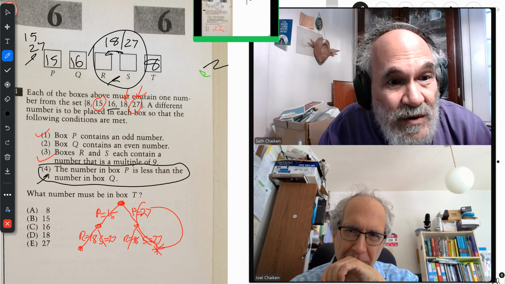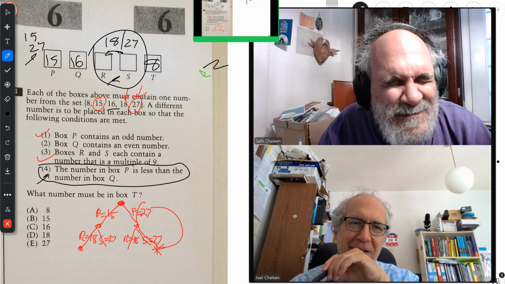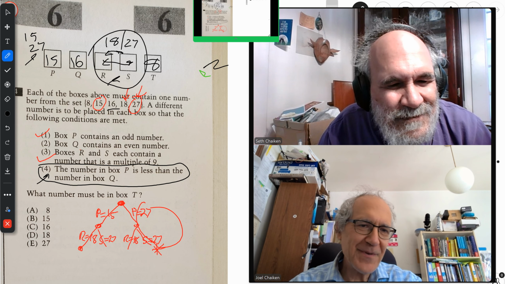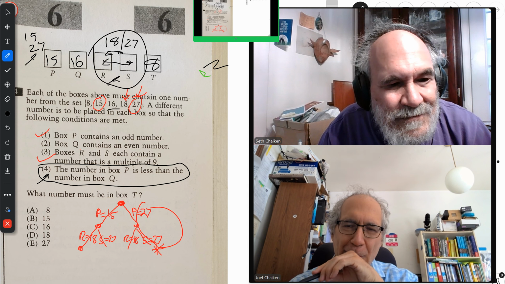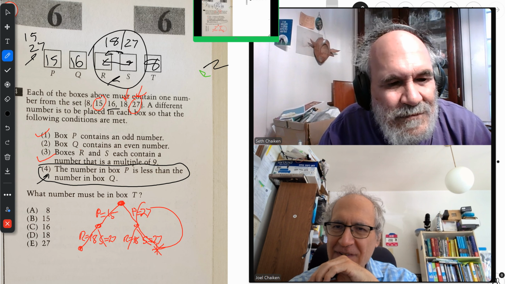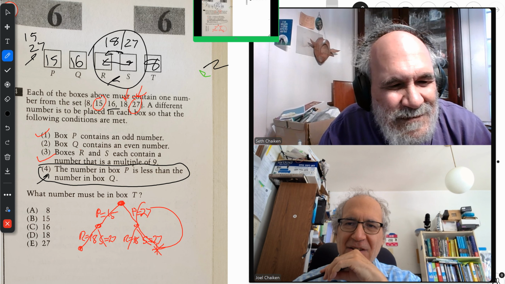So Q has to be greater than 15. It can't be 18 because 18 is stuck. We are never going to know whether R and S are 18, 27 or 27, 18; it's not going to matter to the answer. Wait, what about the condition that Q contains an even number? Q does contain an even number. So it's doubly constrained.